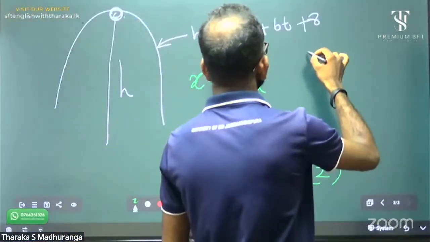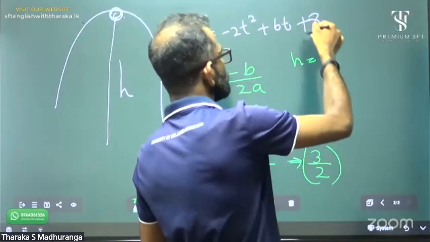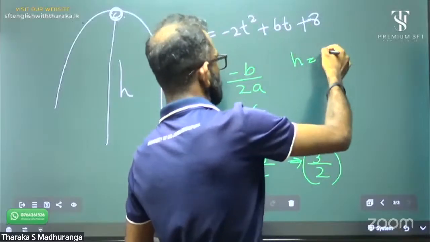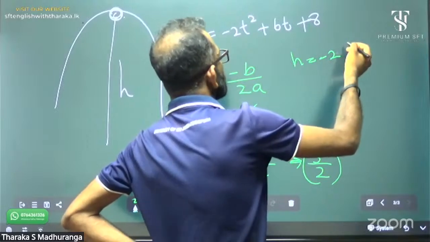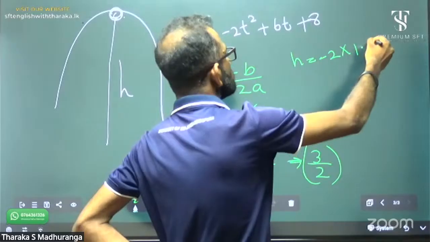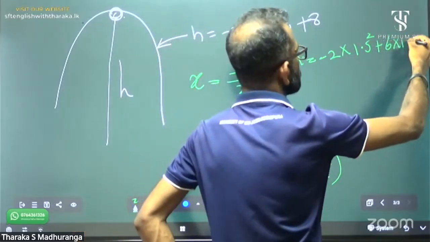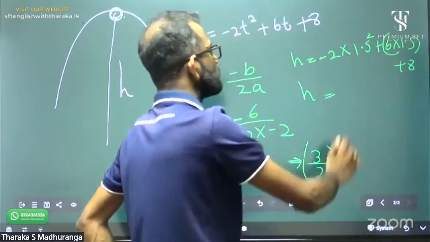Now h equal, you can substitute in this equation. H equal minus 2 into 1.5 squared plus 6 into 1.5 plus 8.